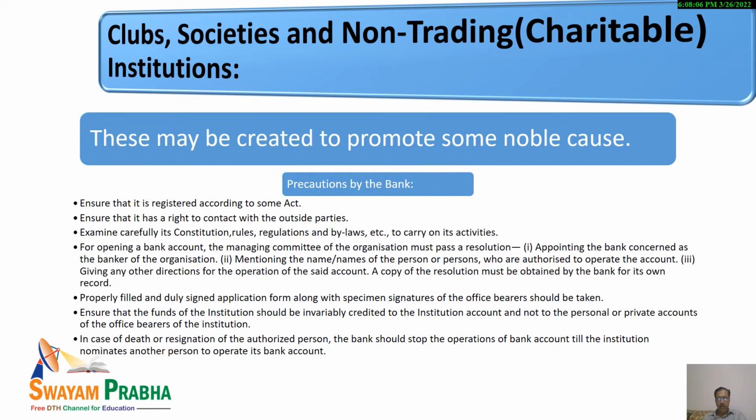It is also the main duty of the banker to find out, by thoroughly examining the resolution, who will be authorized to operate the account, and who will be authorized to issue directions regarding operations from time to time. A copy should be taken by the bank, and the bank should also take the specimen signatures of all of them.